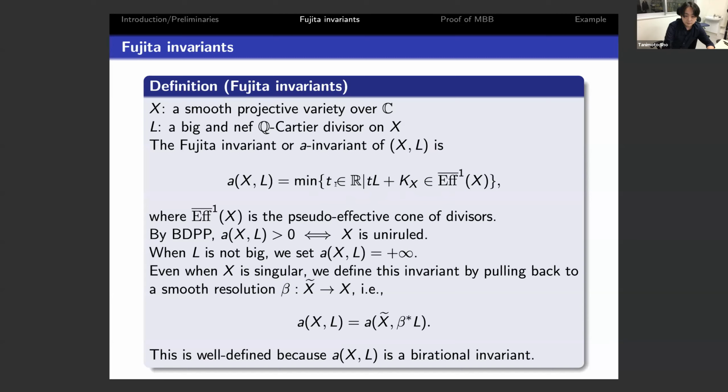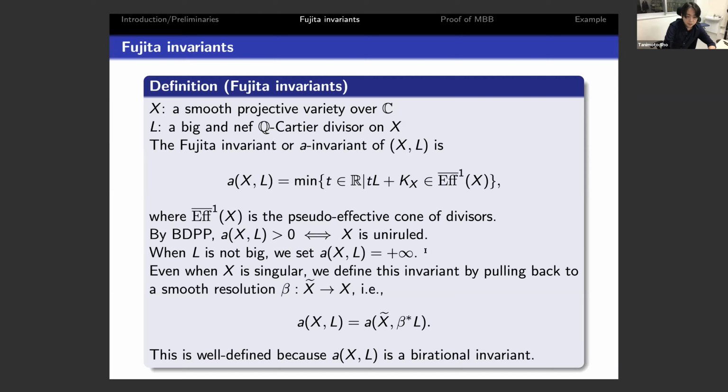It is a rational number because L is big; this is proved by Batyrev for threefolds, and in higher dimension by BCHM. Also, by Boucksom, Demailly, Paun, Peternell, a is positive if and only if X is uniruled. And formally, when L is not big, we set a to be infinity.